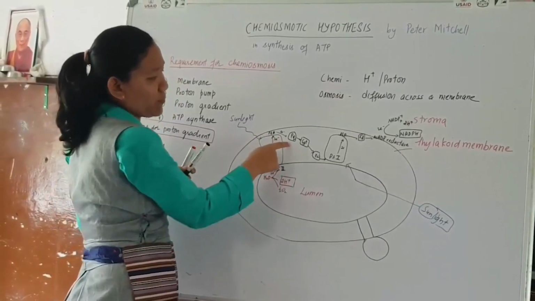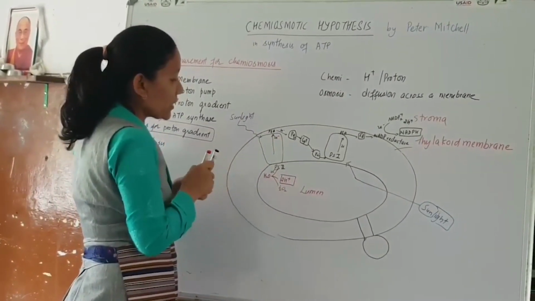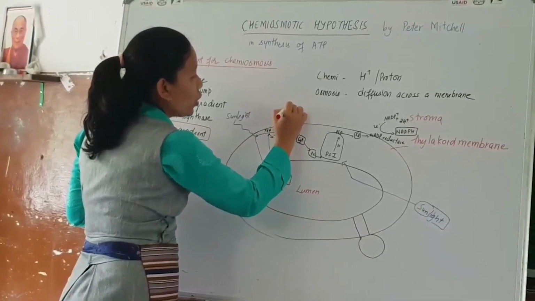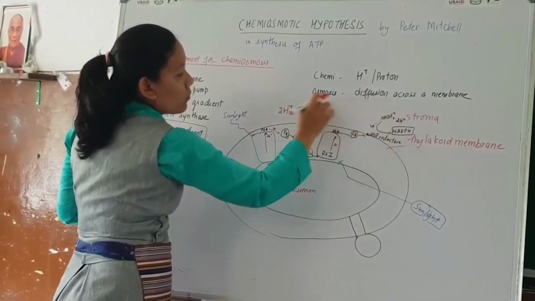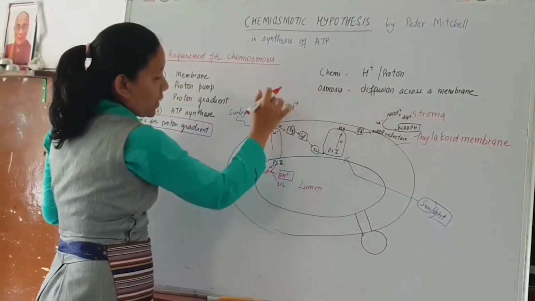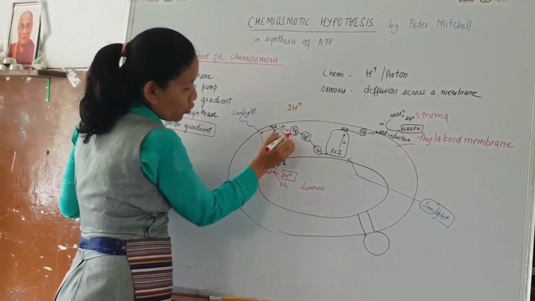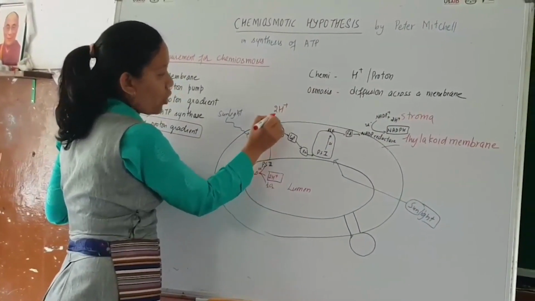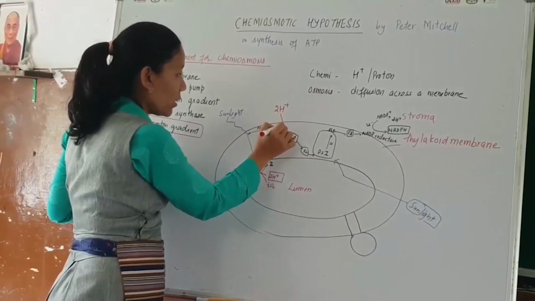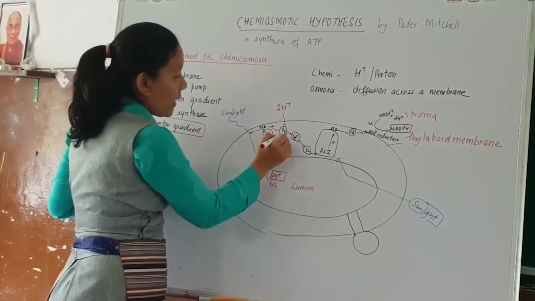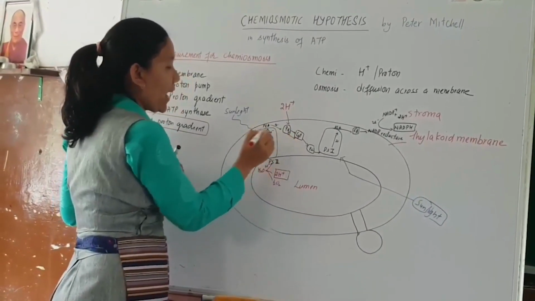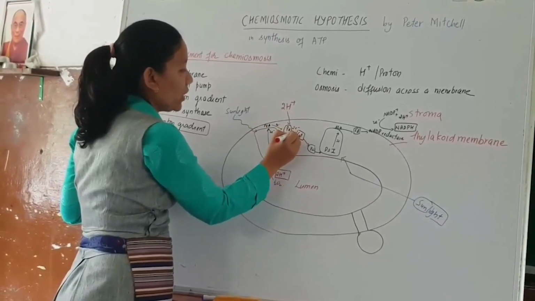That energy is utilized by plastoquinone and brings in the proton present in the stroma. So while this plastoquinone carries the electron, they also take in this proton and then pass it to cytochrome along with the electron here.